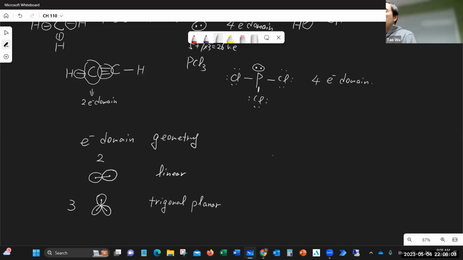And if you have 4 electron domains, then this is called tetrahedral.